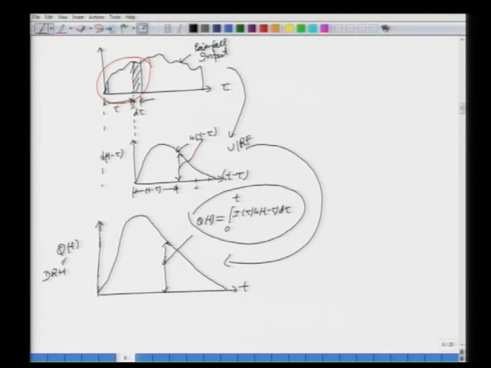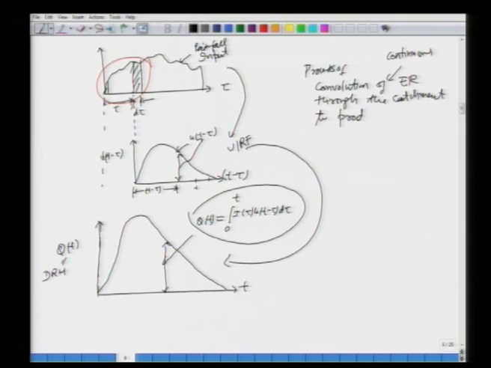Okay. So, this is called the process of convolution of your input, which is your continuous effective rainfall, through the catchment to produce response in terms of the DRH.